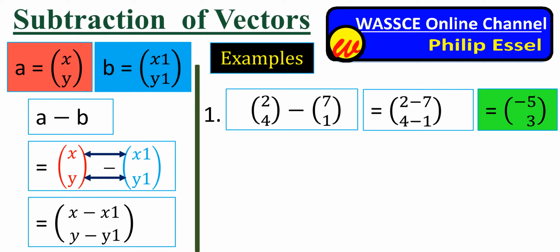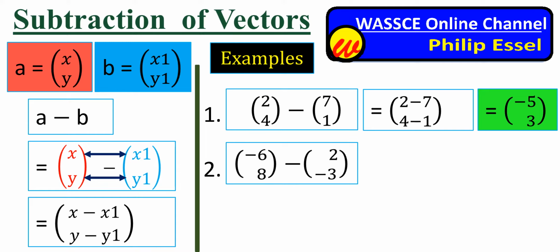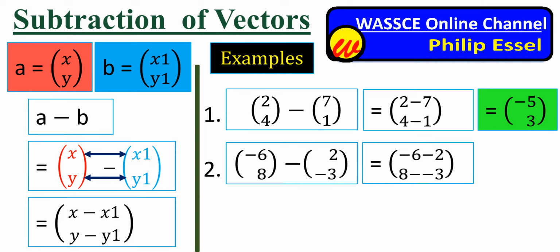Example 2. We have negative 6, 8 minus 2, negative 3. So we would subtract the x component, then the y component. Negative 6 minus 2 would give us negative 8. And 8 minus negative 3 would give us 11.